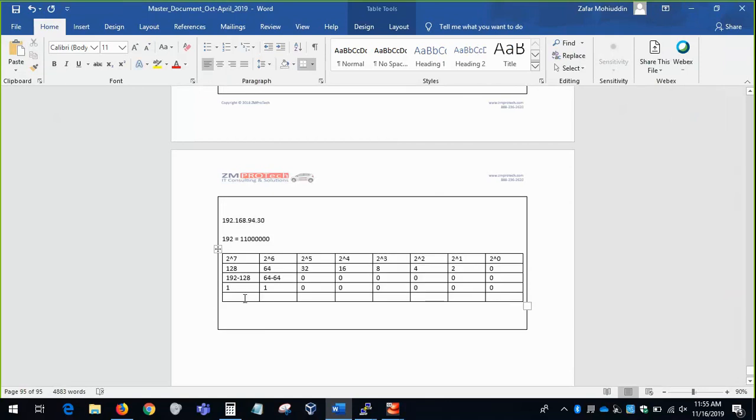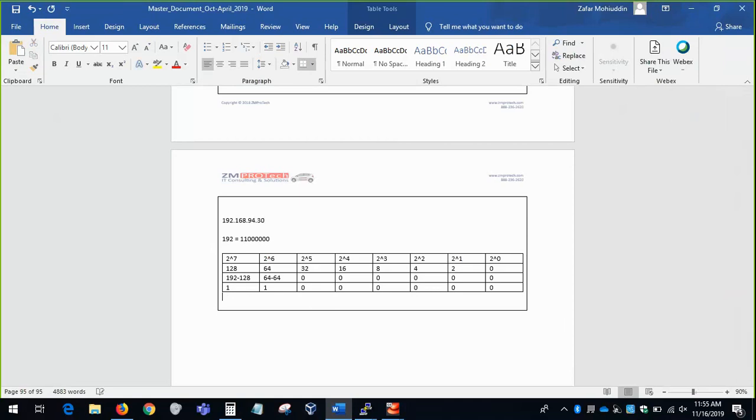192. I'm sorry, Brother Zafar, I might be lost a little bit. Do you mind to just repeat this? We took out 128 from the 192. Yeah, if you take out 128 from 192, how much is left? 64 is left.